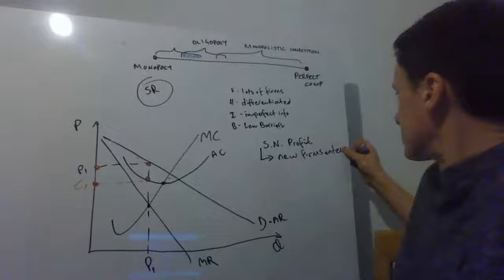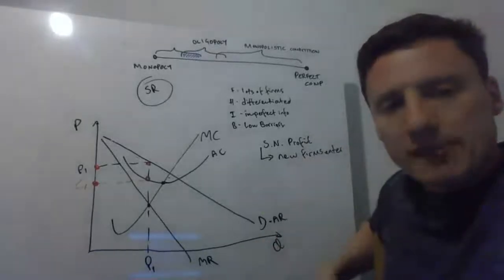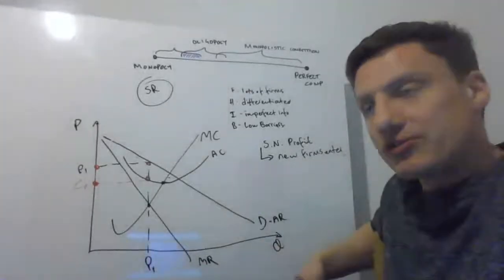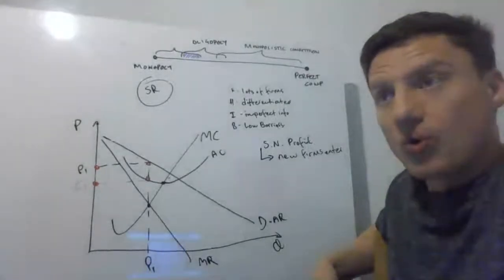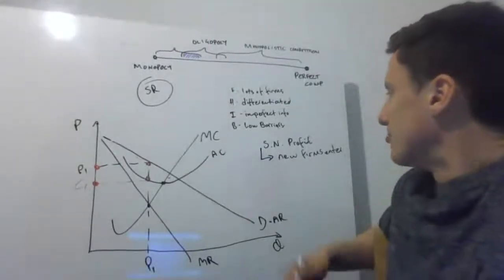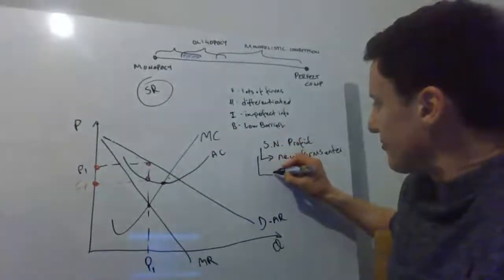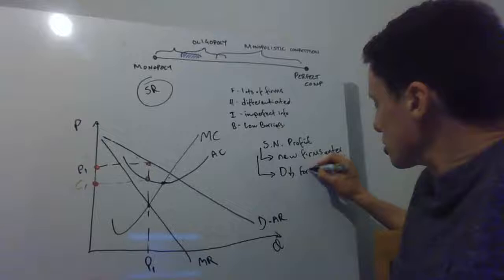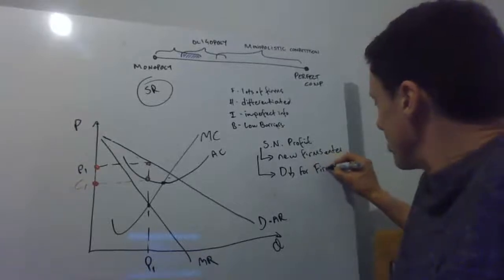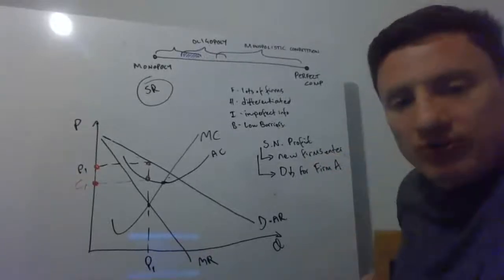So over in the industry, the supply curve is now shifting to the right, and that's going to reduce the price for things in the market. But what it's going to do for this firm is it means that the demand for George's shoes, or let's just call it firm A, will fall.